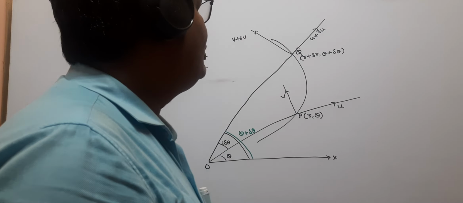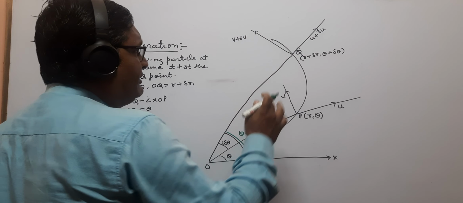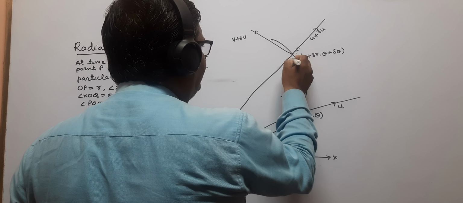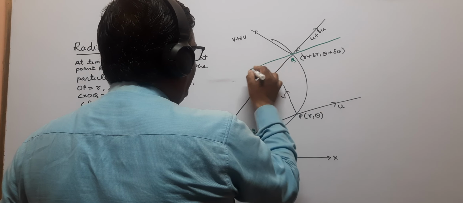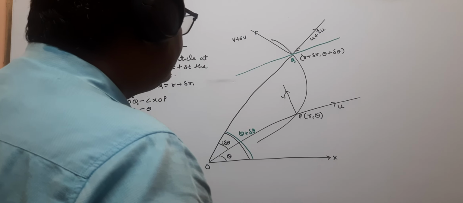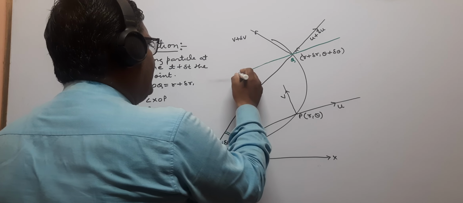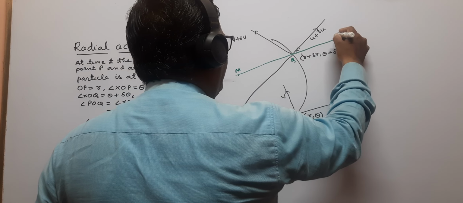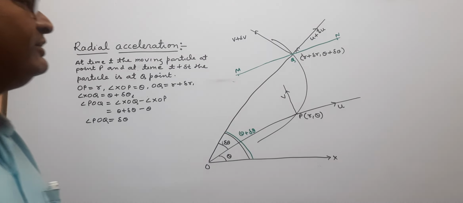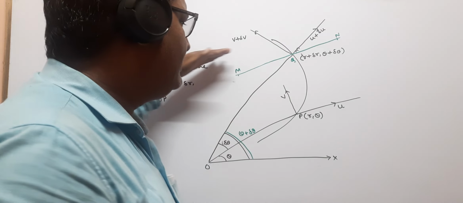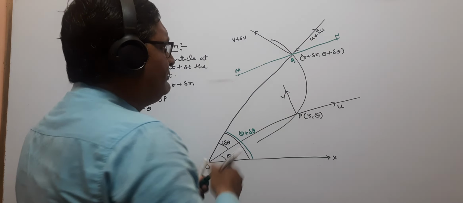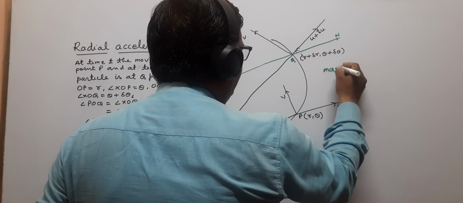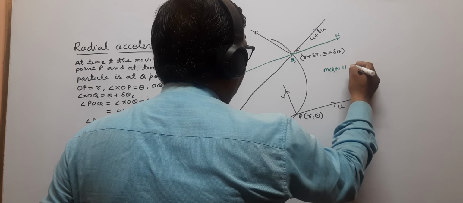Now we draw a line passing through Q and parallel to OP. Suppose this is M and this is N. Now you can see MQN is parallel to the radius vector OP.